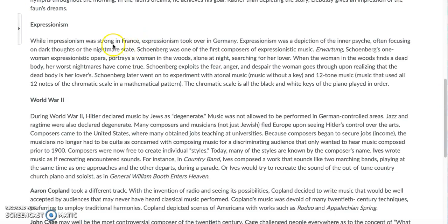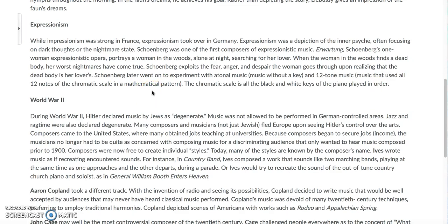Expressionism takes hold in Germany. We see Impressionism was strong in France. Schoenberg is a composer who introduces 12-tone music, a style of music that uses all 12 tones of a chromatic scale in a certain mathematical pattern. It can get very complicated.